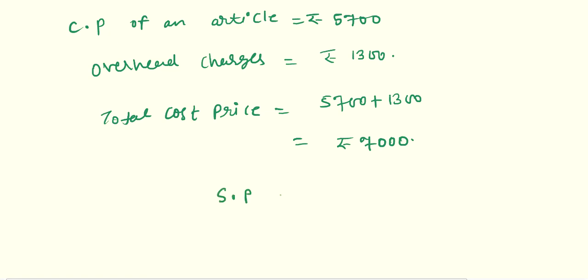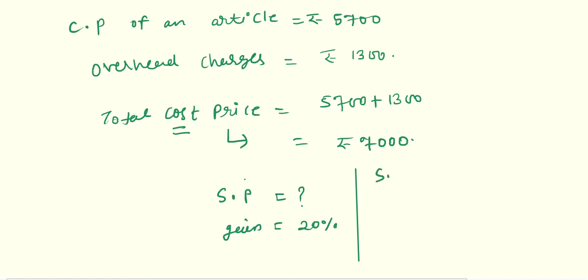Sold means selling price, which we don't know, in order to gain 20%. So it is very easy, I have told you the formula. In the formula, CP is given, SP we have to find, gain is given.